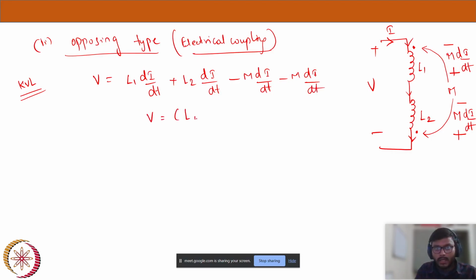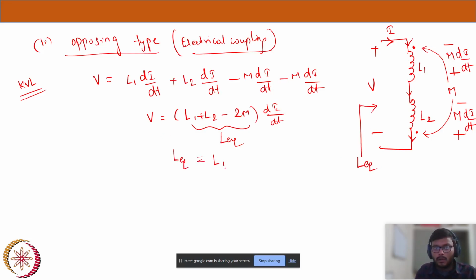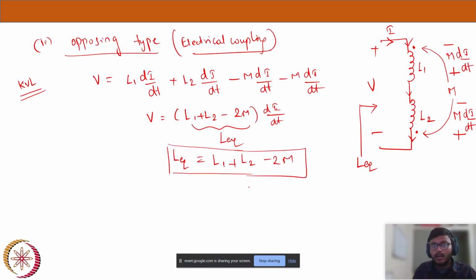V is equal to, taking di by dt common, (L1 plus L2 minus 2M) di by dt. So this is again the equivalent inductance if you look from here. Now L equivalent, what we got? L1 plus L2 minus 2M in case of a series connected opposing kind of connection.